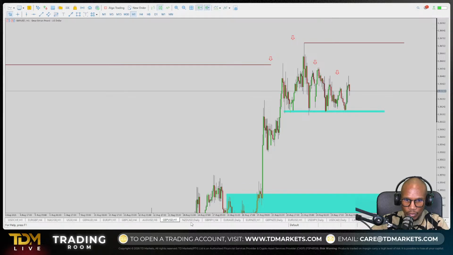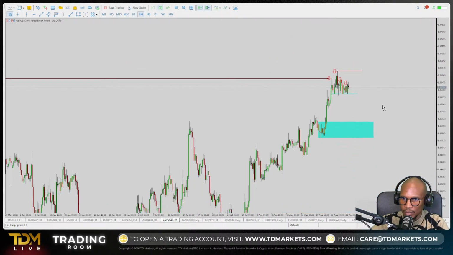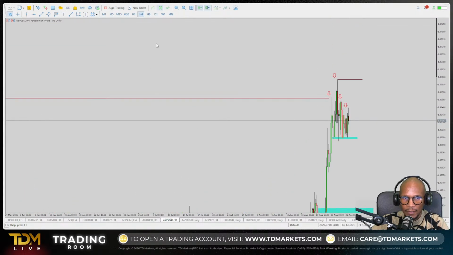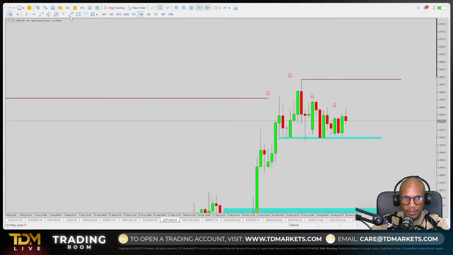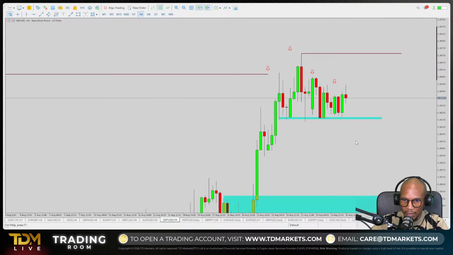So GBP USD is a little bit slow, but we're watching out for this one more push, right? Even if it goes back to this high again one more time, still looking for this. But if it breaks from here, then you're gonna get that push down.